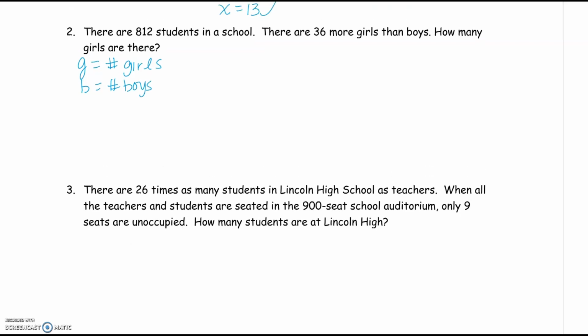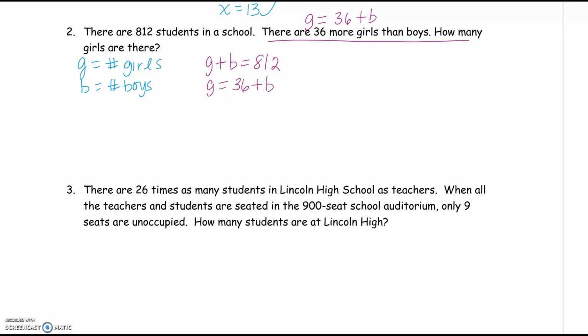There are 812 students in the school, so that means girls plus boys equals 812. The statement there are 36 more girls than boys means girls equals 36 more than boys. So my other equation is G equals 36 plus B.